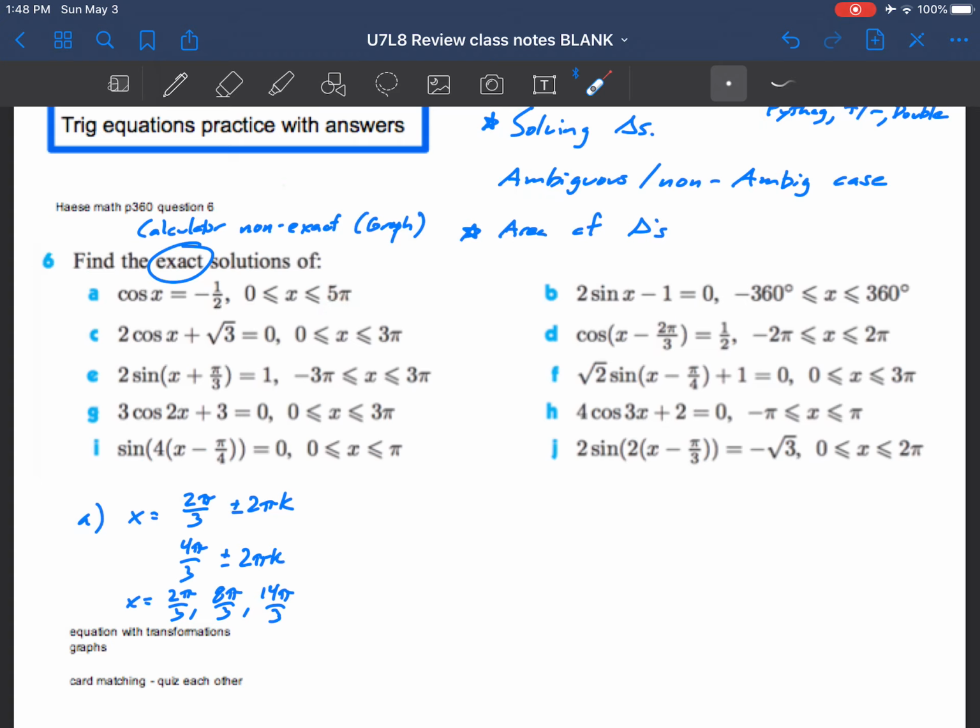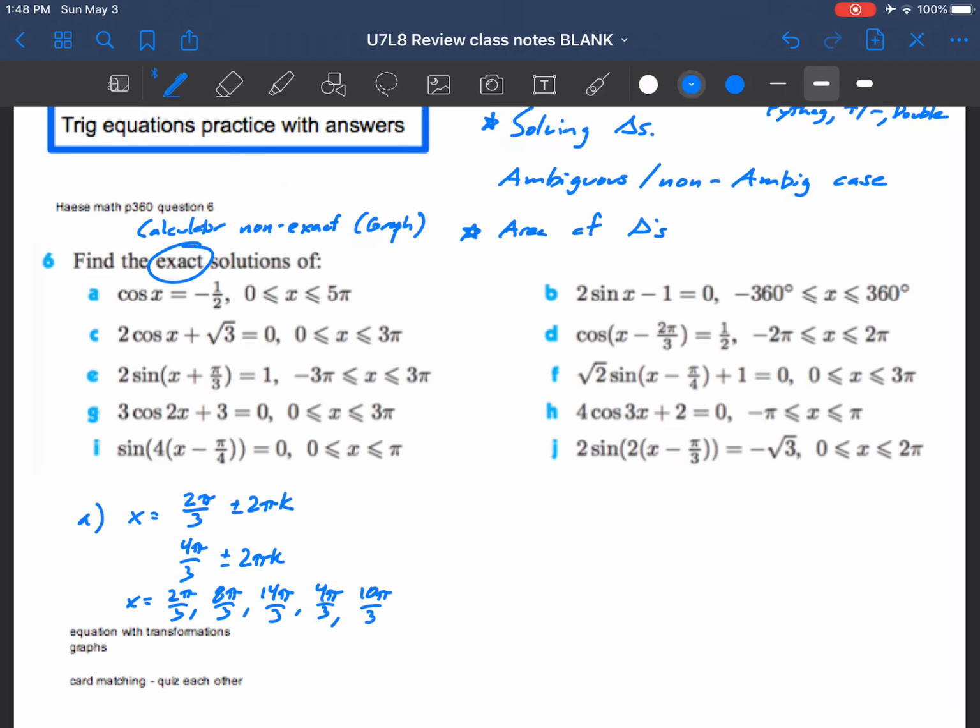So these 3 solutions are from this. I'm going to do the same thing with the other solutions. So 4 pi over 3 is in there. That would be 10 pi over 3 if I add 2 pi. And then if I add 2 pi again, I get 16 pi over 3, which is too much. So this is our answer.